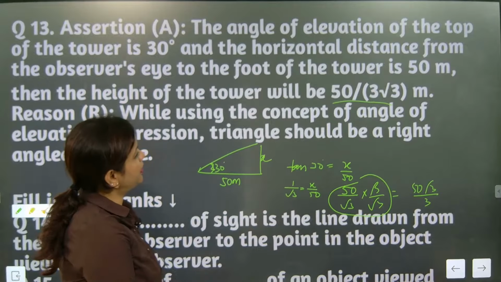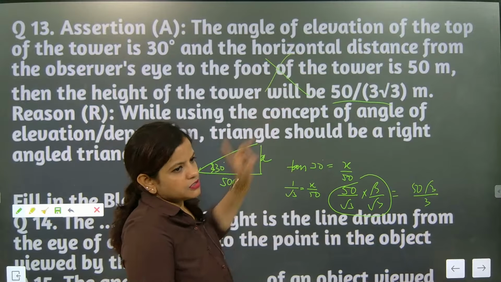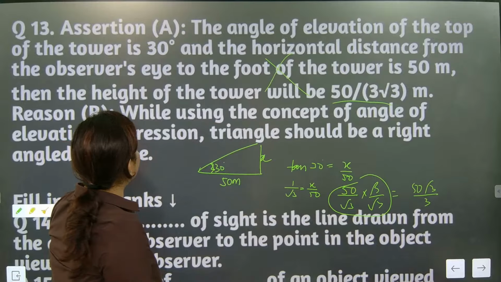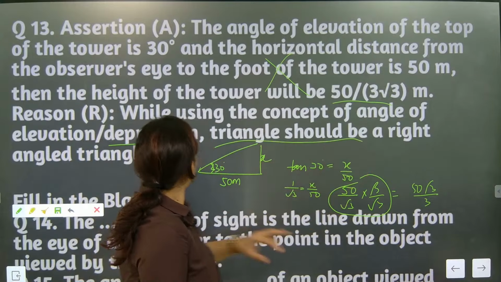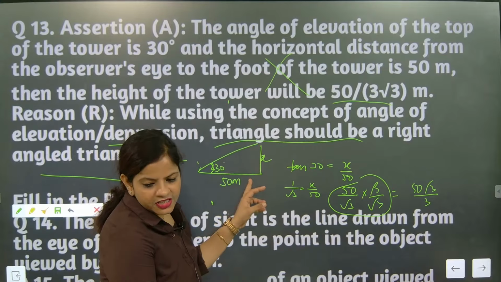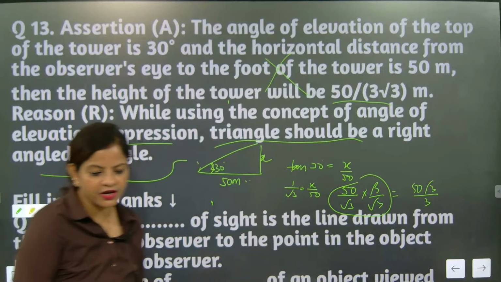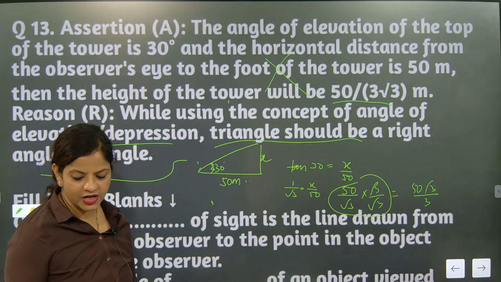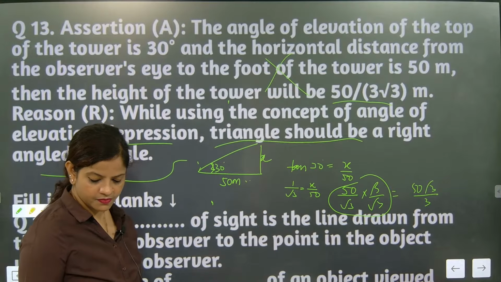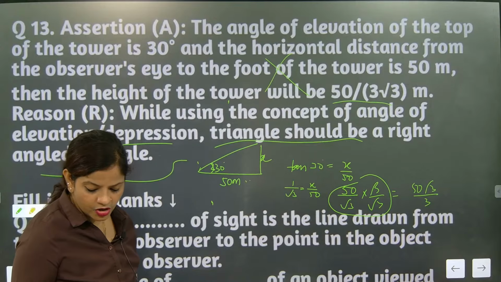That is not correct, so assertion is false. Understood? Now the reason: by using the concept of angle of elevation and depression, the triangle should be a right angle triangle. It's a true statement. So assertion is false and reason is true. Very good. Super. So those who have given D as the answer are absolutely correct. Understood or not?